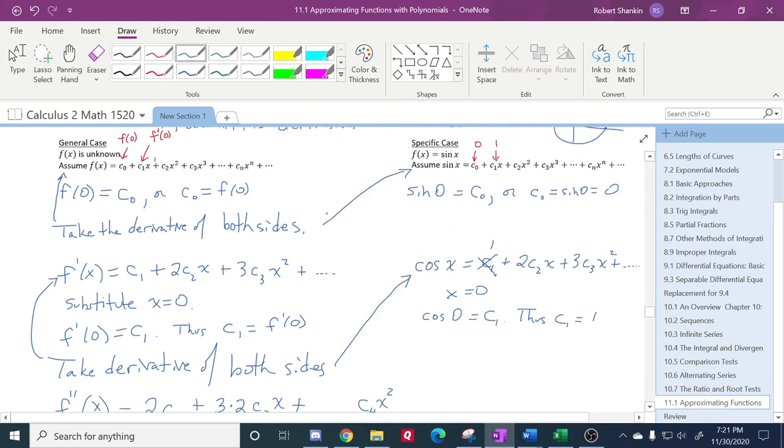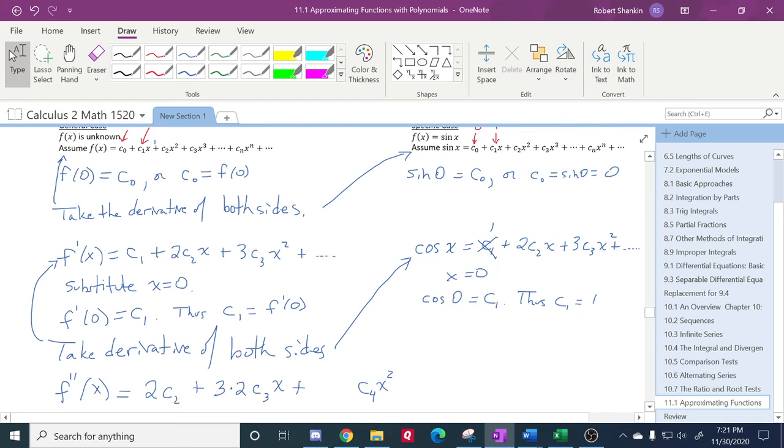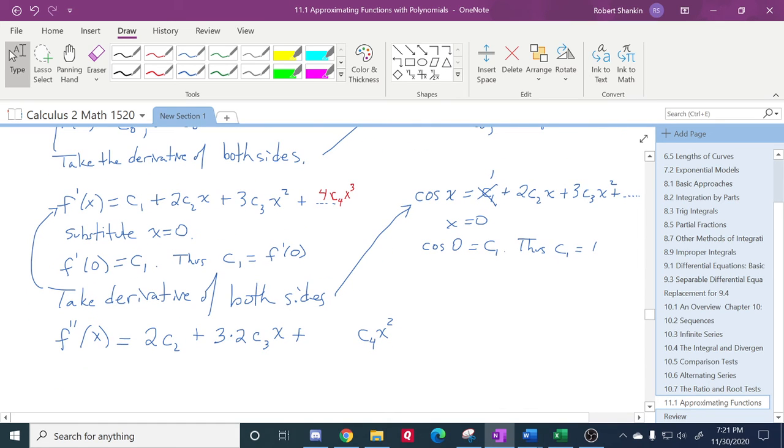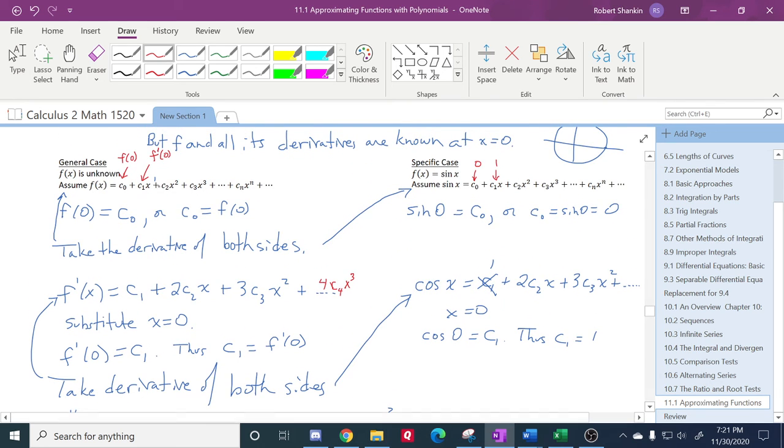And if we were back here, if I had stuck one more term in, let me put it in red over here, it would have been 4 C4 x cubed, and one more term in this one. Now when you take its derivative, it would have been 4, because it was the x, so it would be 4 times 3.